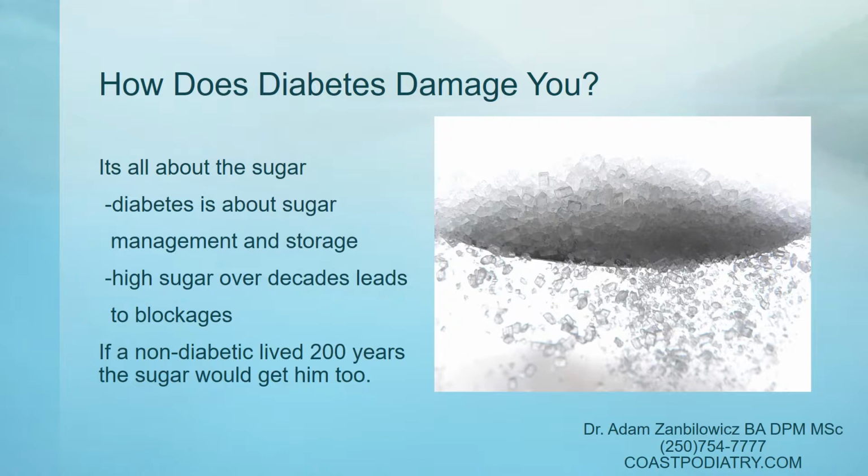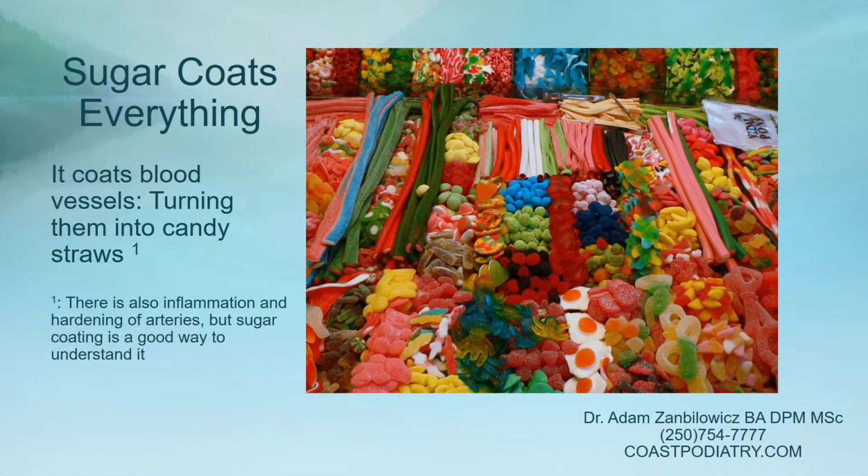If you're a diabetic who's just averaging higher sugar than they should, it may get you by the time you're 60 or 70 or 80. If you're a person who's not diabetic, or a person who's really controlling their sugar very well, the sugar that's floating in your blood won't get you until you're 200 years old, and I'm pretty sure something else will have got you by then.